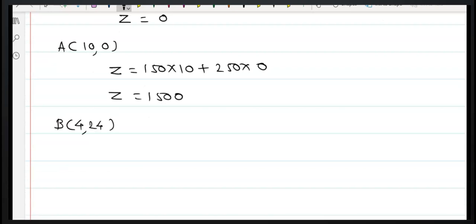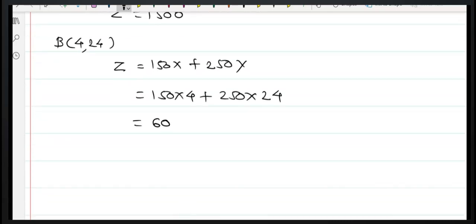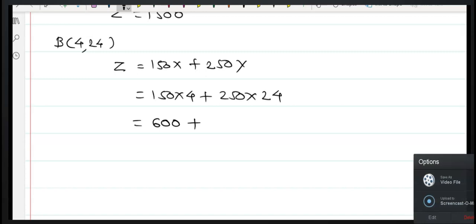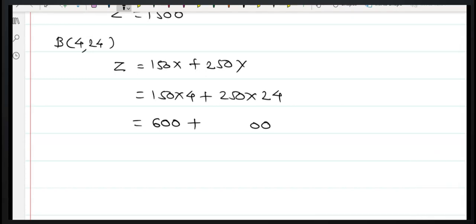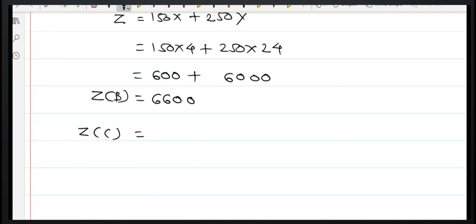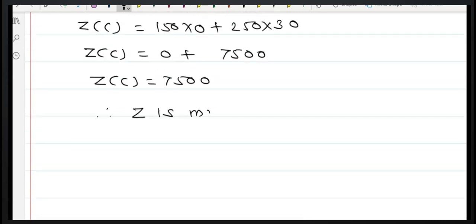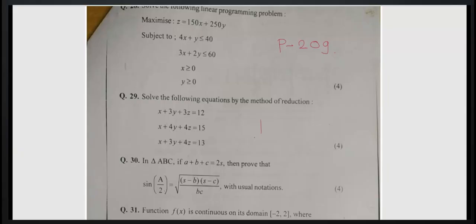At B (4, 24), that is 150 into 4 plus 250 into 24, that is 600 plus 6000, that is 6600. At C, 150 into 0 plus 250 into 30, that is 7500. Z is the maximum when x is 0 and y is 30.